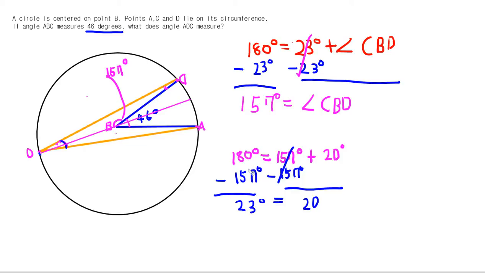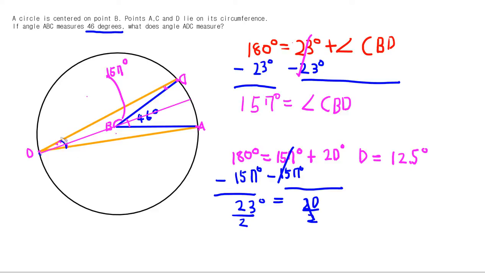And if we divide both sides by 2, the 2 cancels out, and D should be equal to 23 divided by 2, which is 12.5 degrees. But we're not done yet.